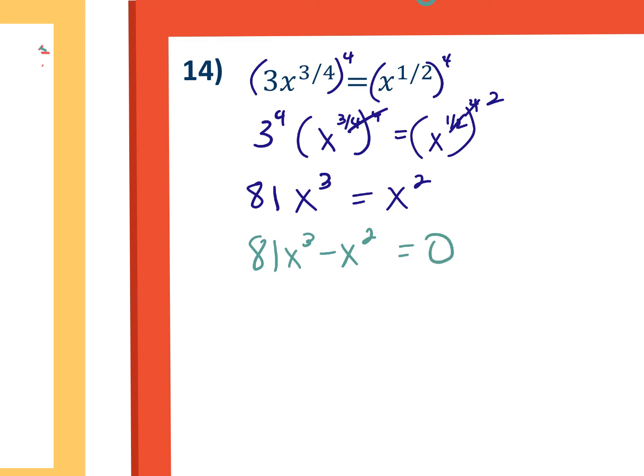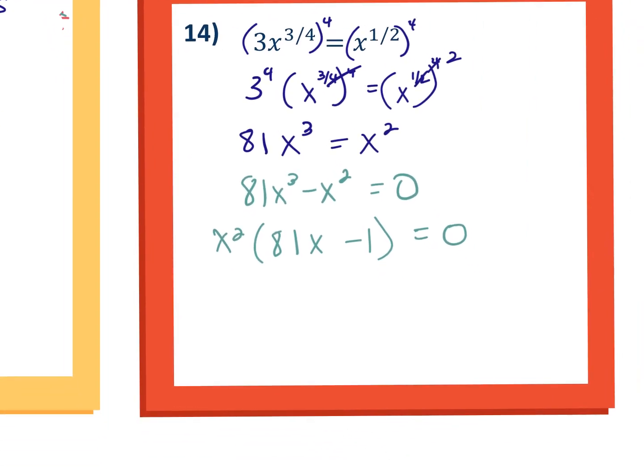How do I factor this? Take out an x squared. 81x minus 1. Now what? Split and solve. So this becomes x equals 0, which is what you would have lost if you divided both sides by x squared. And then 81x equals 1, and x equals 1 over 81.